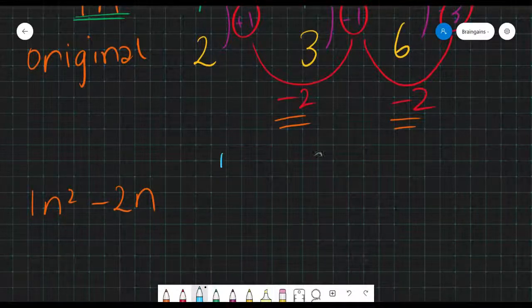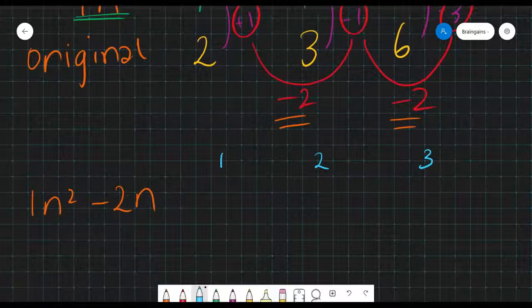The first term of the sequence would be 1 squared minus 2 times 1, which is just minus 1. The second term would be 2 squared minus 2 times 2, which is 0. And the third term would be 3 squared minus 2 times 3, which is 3.